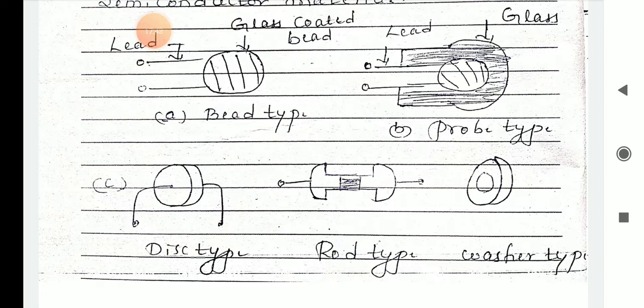Beta is a constant depending on the material of the thermistor. The typical value of beta is between 3500 to 4500 Kelvin. Operating range is minus 150 degrees Celsius to plus 300 degrees Celsius.